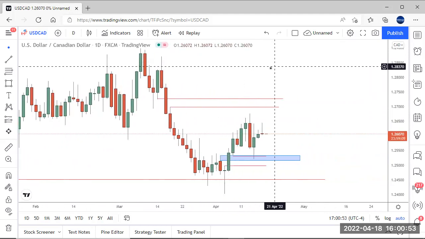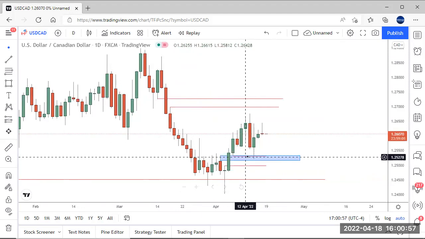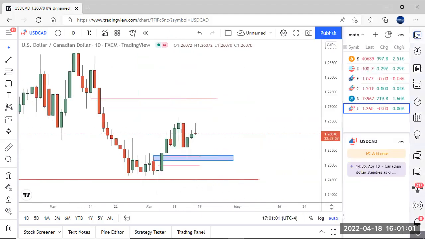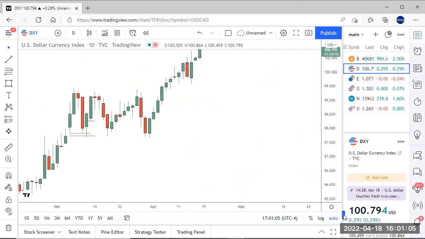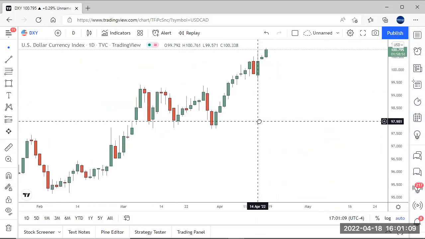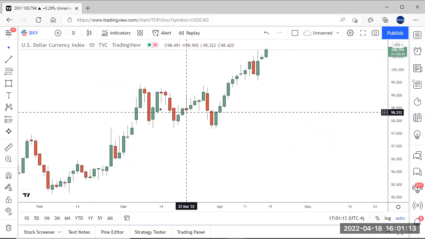And let's go back real quick. So this candle, when we had that daily entry here, it was April 14th. Let's go look at the dollar index on April 14th real quick. So April 14th would be this bullish candle here. This is the dollar index.